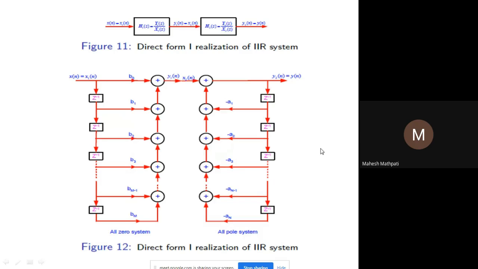Okay. This is what we are calling direct form 1 realization of IIR system.